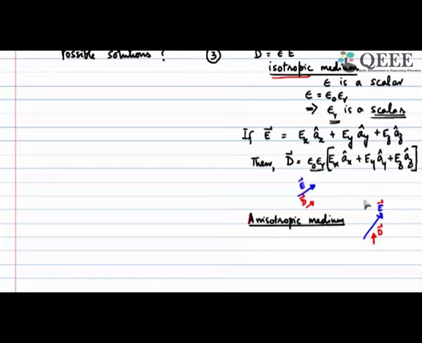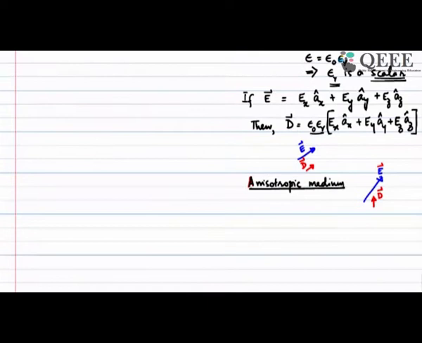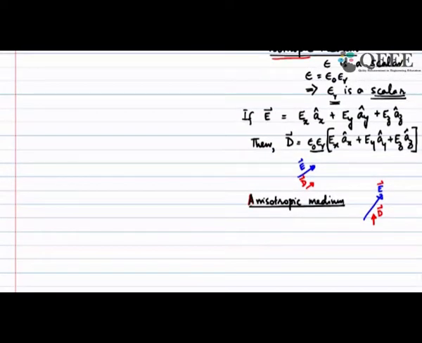In other words, all materials in general are anisotropic. Isotropy is only a specific case where D is parallel to E. In general, D is not parallel to E. How do I represent this?